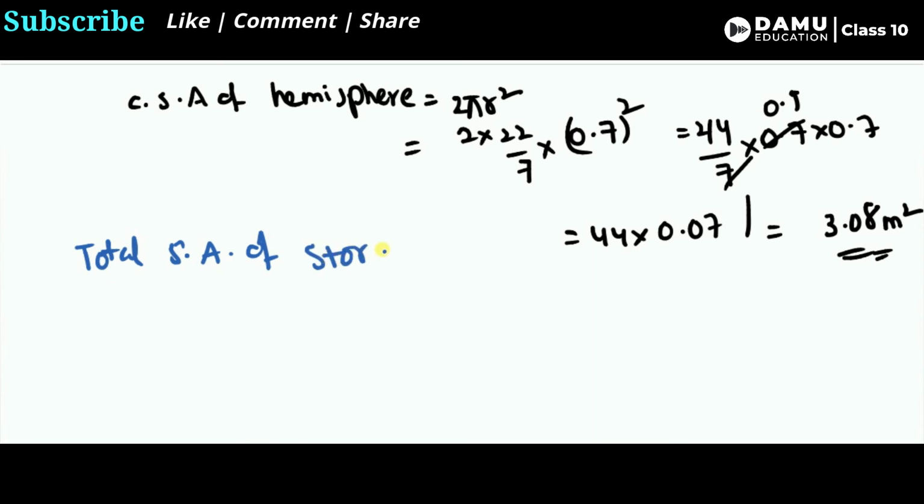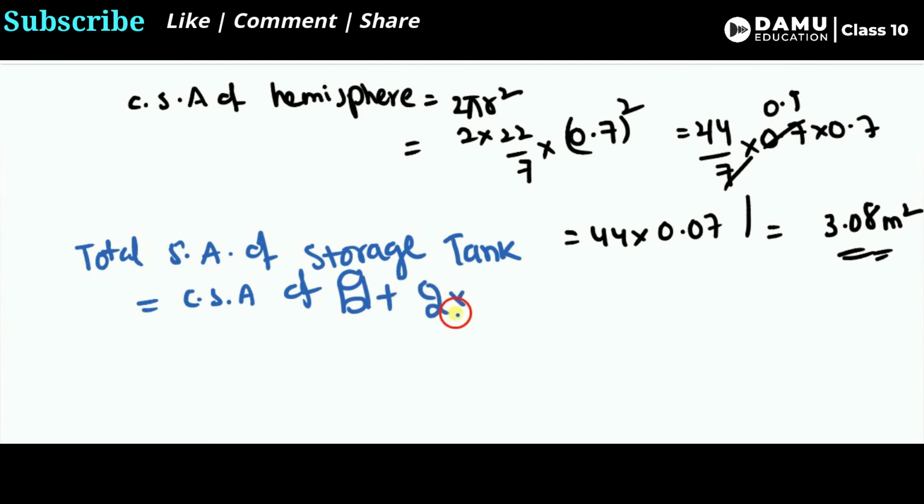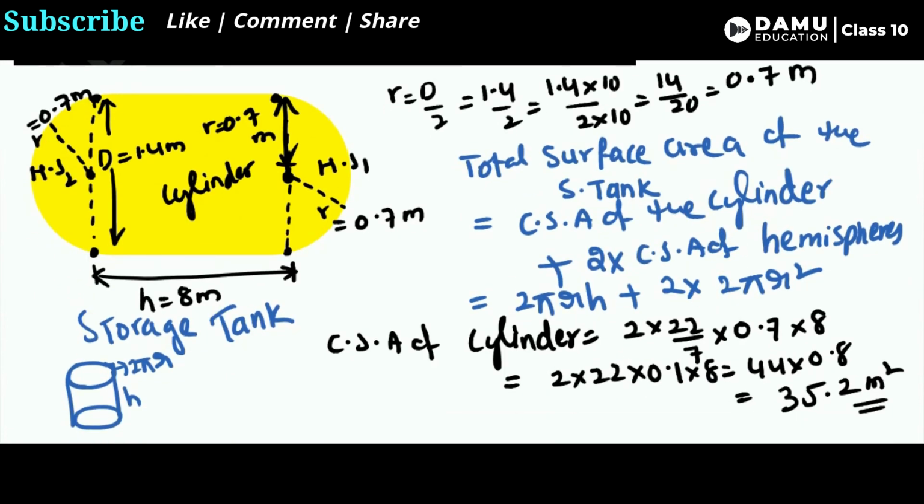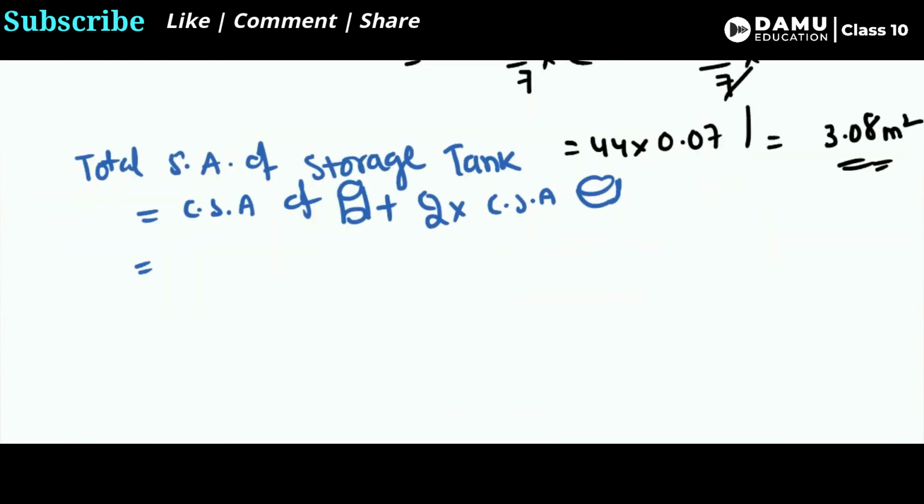So the total surface area of the storage tank will be equal to the curved surface area of the cylinder plus 2 into the curved surface area of the hemispheres. The curved surface area of the cylinder we got as 35.2.